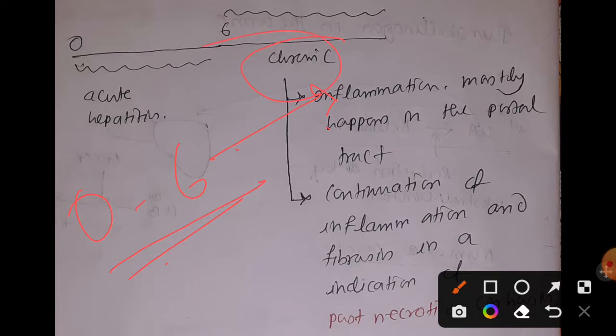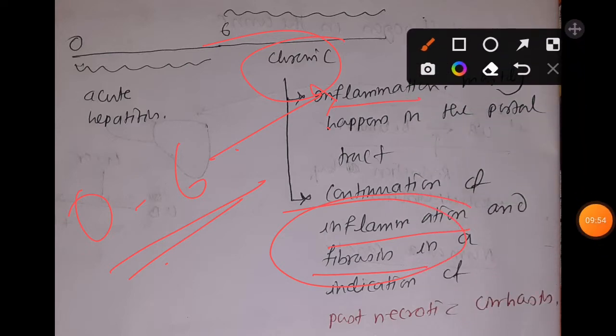Okay, and during that chronic infection, if in the portal tract the inflammation and fibrosis continues, it is a detection that our disease is going towards post necrotic cirrhosis.